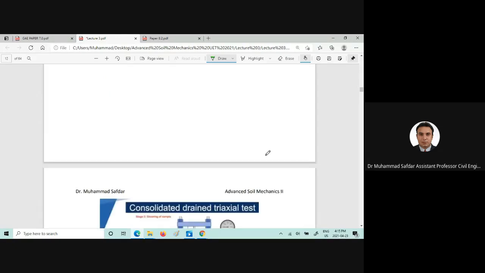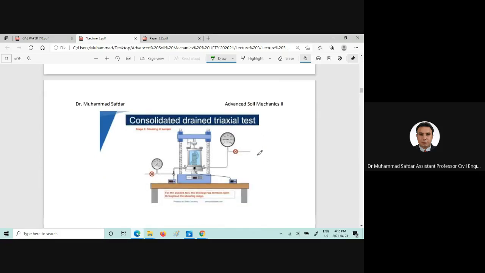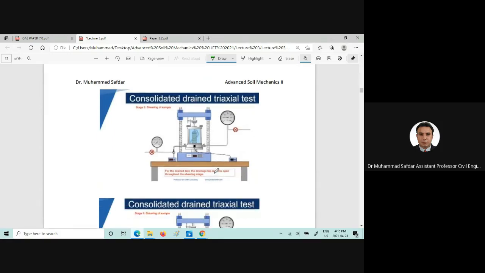Now we will start with the shearing of the specimen. There is an equation for how we can shear the specimen, or how we can estimate the shearing strain rate, and we will discuss that after this procedure. But for the time being, the valve is open here.